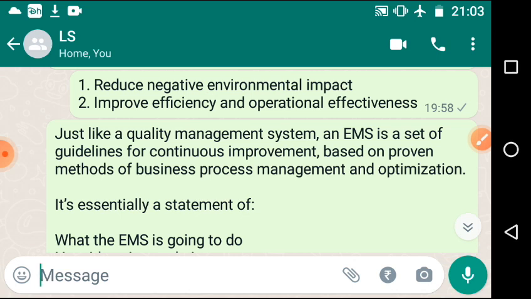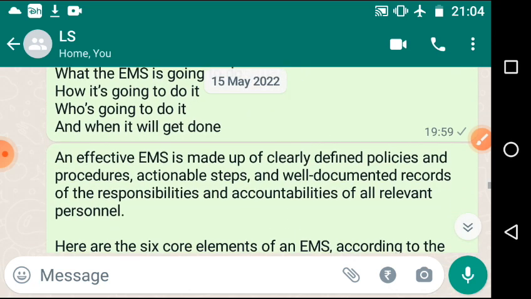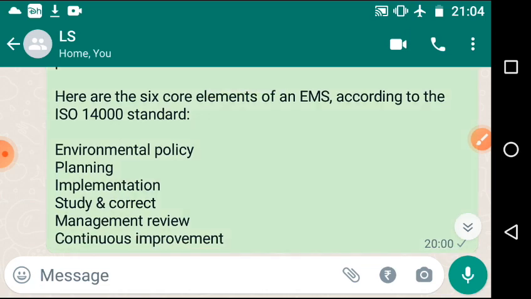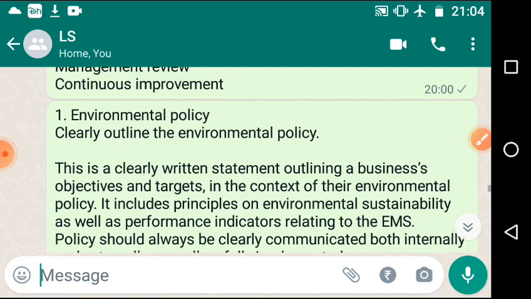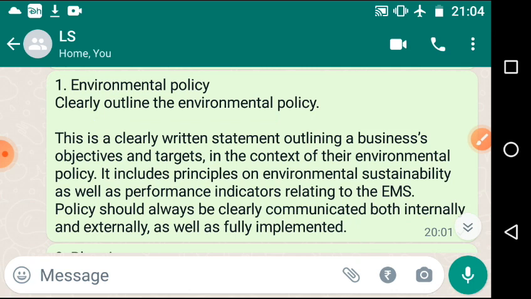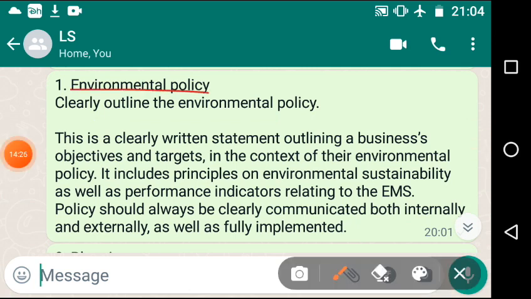So these are the 6 things on which the EMS is based: environmental policy, planning, implementation, study and correct, management review, and continuous improvement.